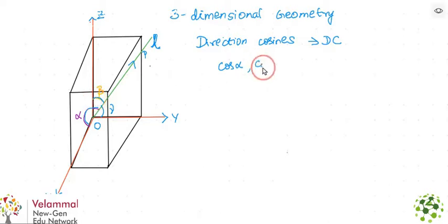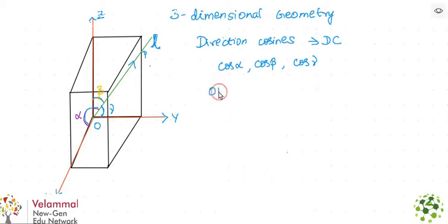So the cosine of the angle it makes with the y-axis is cos beta, and the cosine of the angle it makes with the z-axis is gamma, which is nothing but cos gamma. So cos alpha, cos beta, cos gamma are called the direction cosines of the line OP.